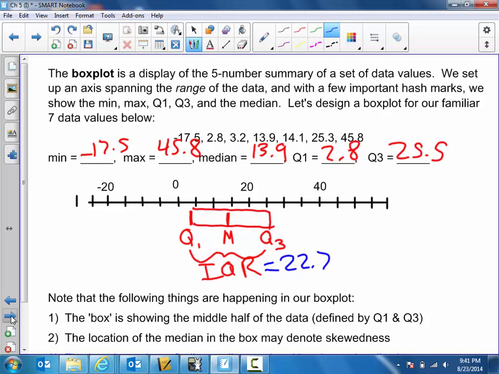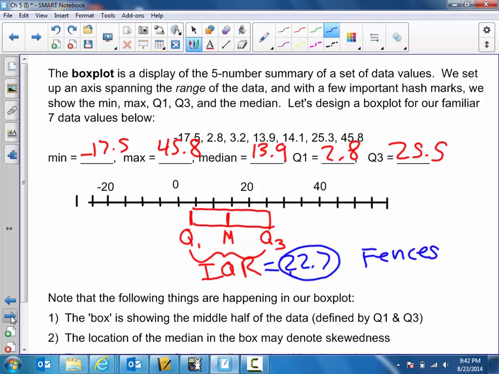Okay, so the IQR is about 22.7, approximately 23. Your fences are 1.5 times the distance from quartile 3 and quartile 1. So your topmost fence is going to be 1.5 times this, which, if that's approximately 23, would take it up to about 34.5 beyond where quartile 3 is.